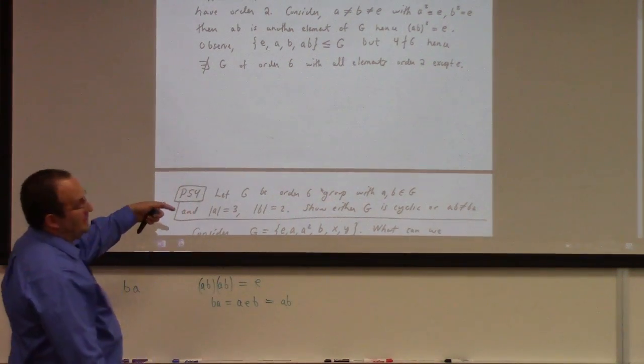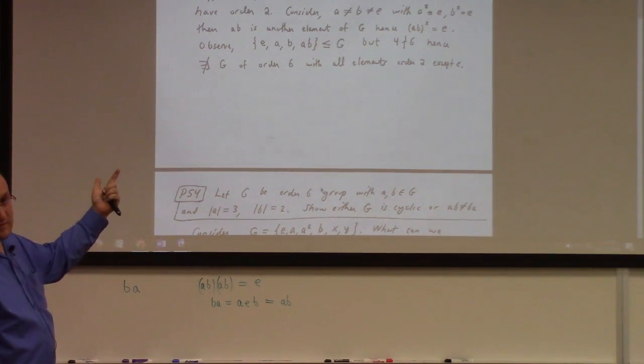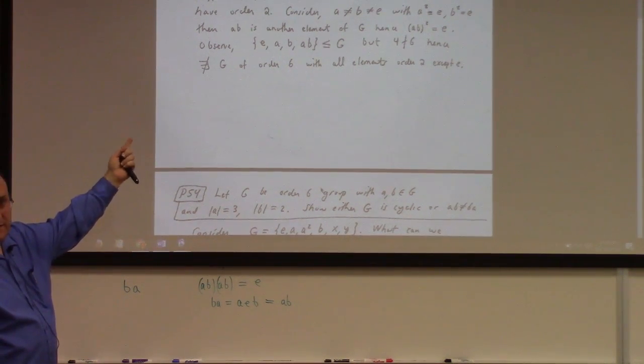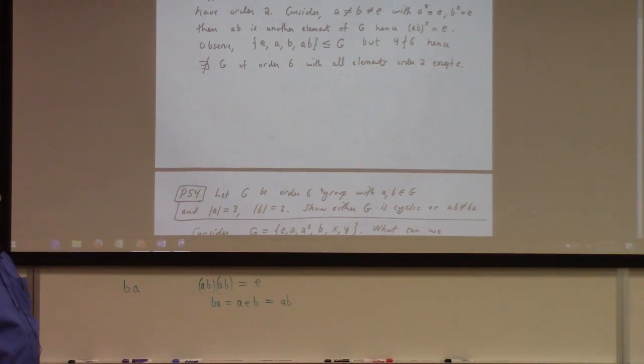So the product of A with itself is in the group, the product of B with itself is in the group, the product of A with B is in the group, the product of B with A is in the group. And if you calculate AB times A, you get B. If you calculate AB times B, you get A. All possible products land back in E, A, B, and AB. So it's a subgroup of order 4, which is impossible.